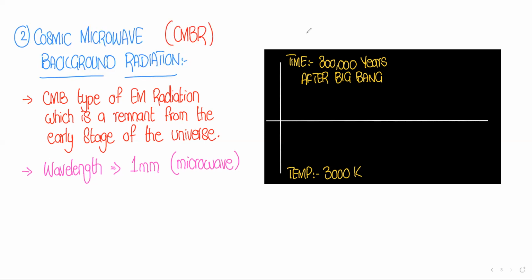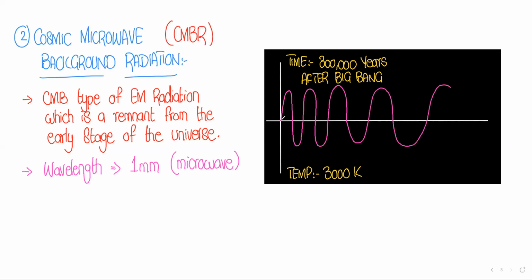We discussed that galaxies are moving away from each other, so wavelength is increasing. Initially, was the wavelength increasing or decreasing compared to the current time? Nowadays it is increasing, and if we go backward in time, initially the wavelength is very short, and with the passage of time the wavelength will start increasing like this, right?